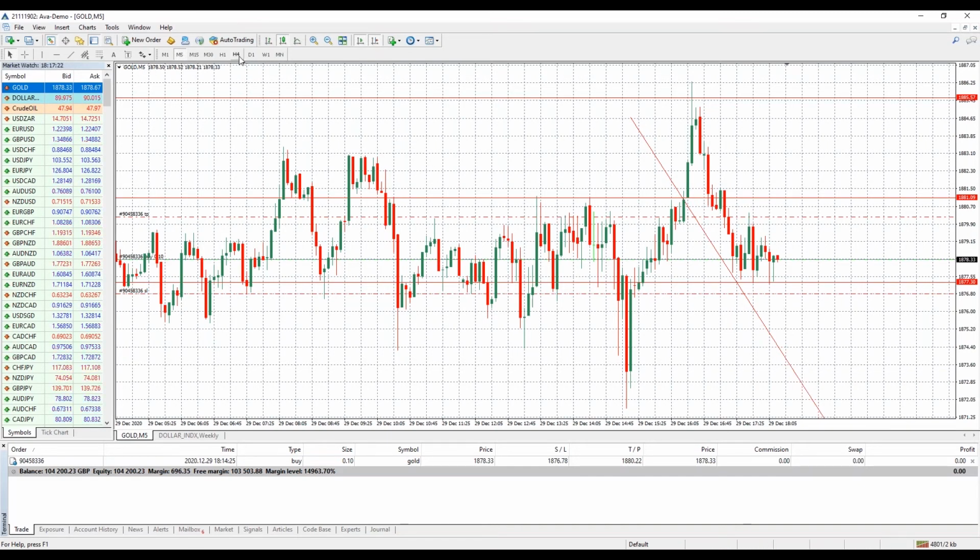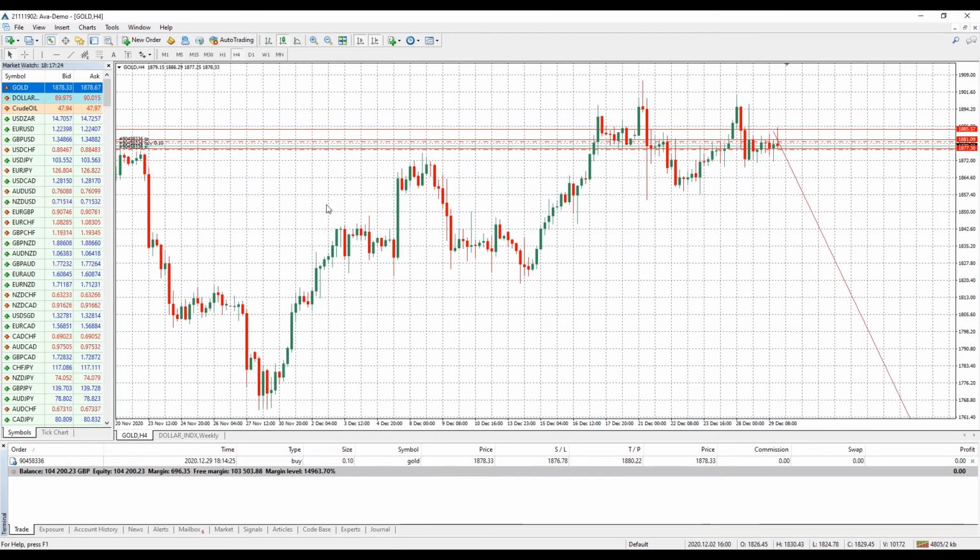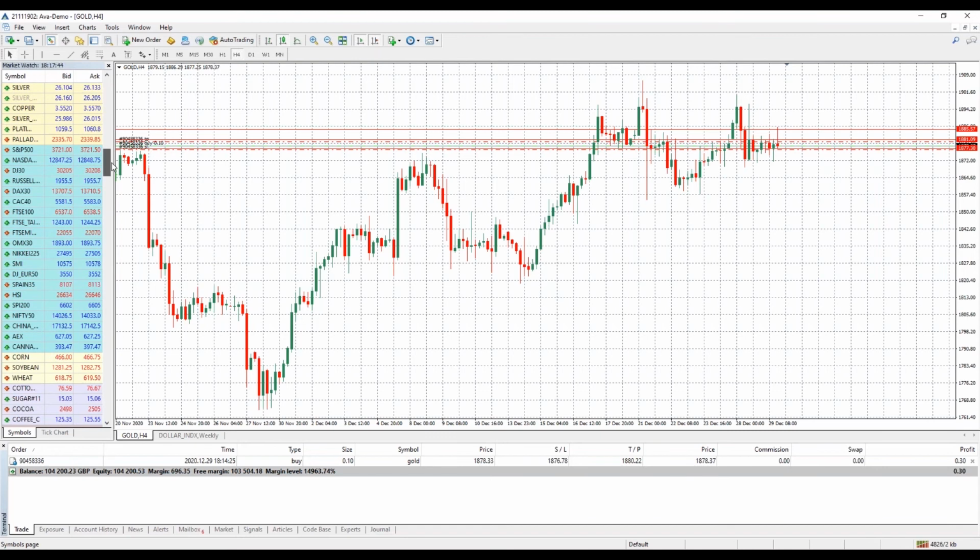If we look at the bigger picture on gold, 4-hour candles, it's been trending up and down, up and down, up and down through the day. It just has a hard time finding direction, and that's because it's waiting on this big deal in the US, whether it's going to be passed or not. If we take a look at the European indices, let's look maybe at the DAX.